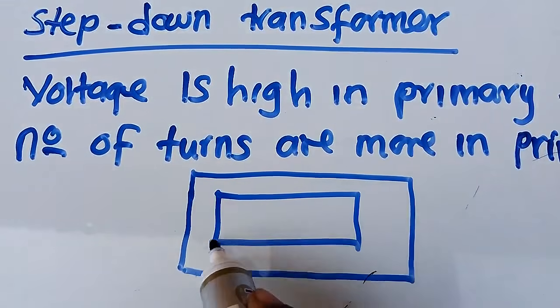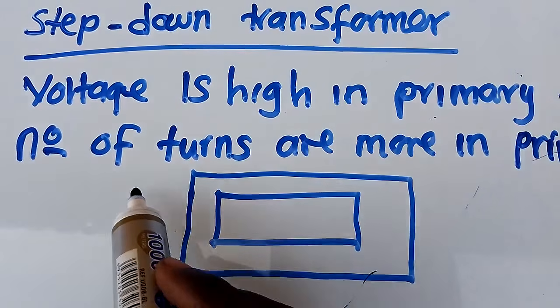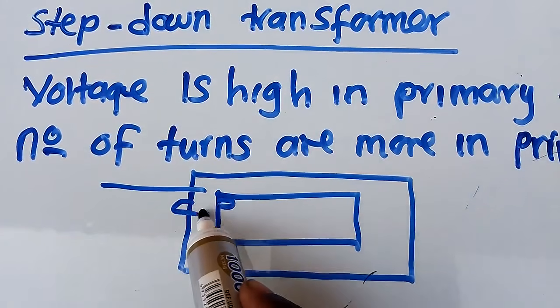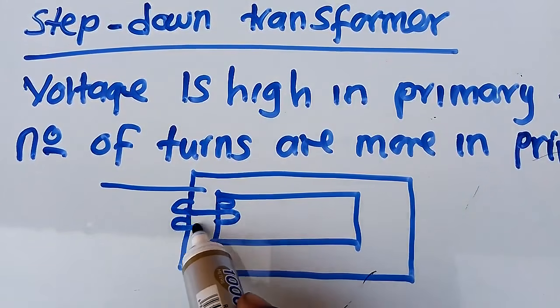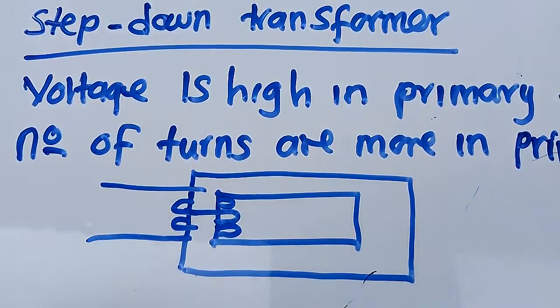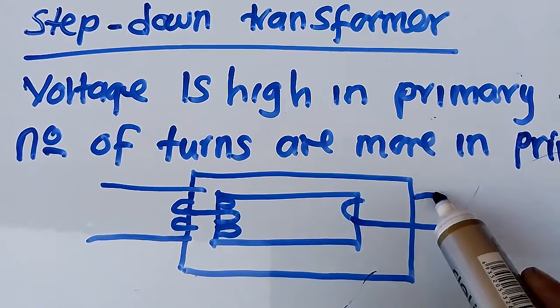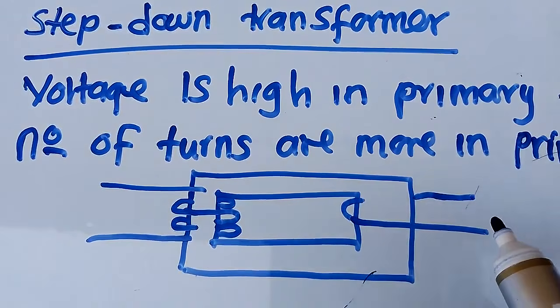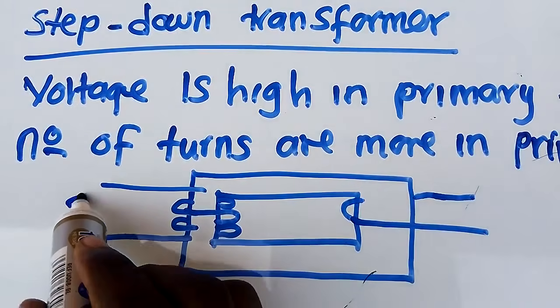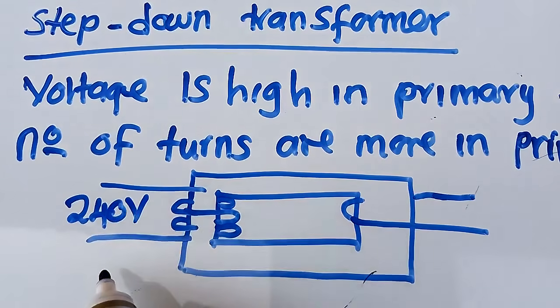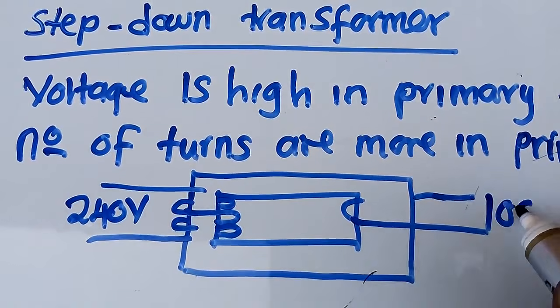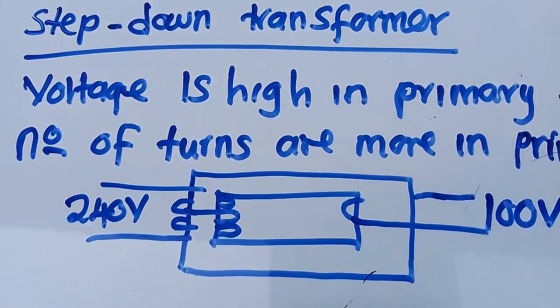We've got this transformer. Here we've got a lot of turns, and here we only have a few. For voltage, here we are going to have 240 volts, and here we've got 100 volts.